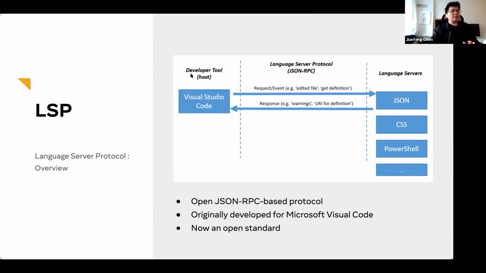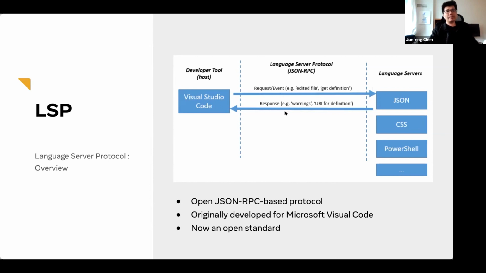The developer host sends some language server protocol JSON, for example some request or event, to the language server, such as when people move a cursor to a token, the host will send a hover request for some token at char X of file Y to the language server. The language server can do some calculations or operations and return the response.